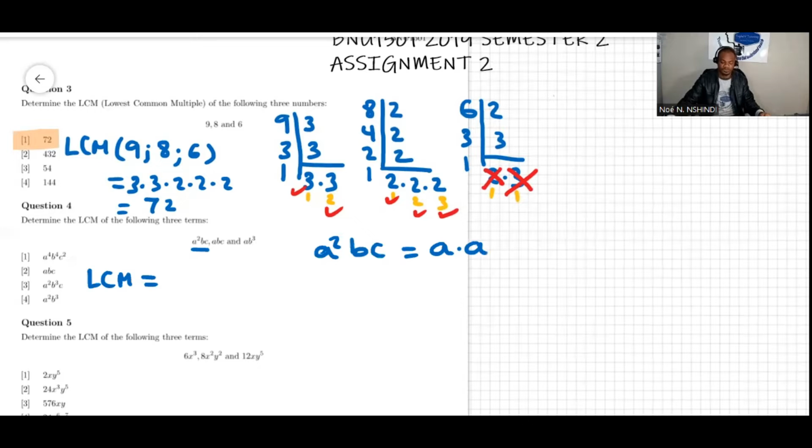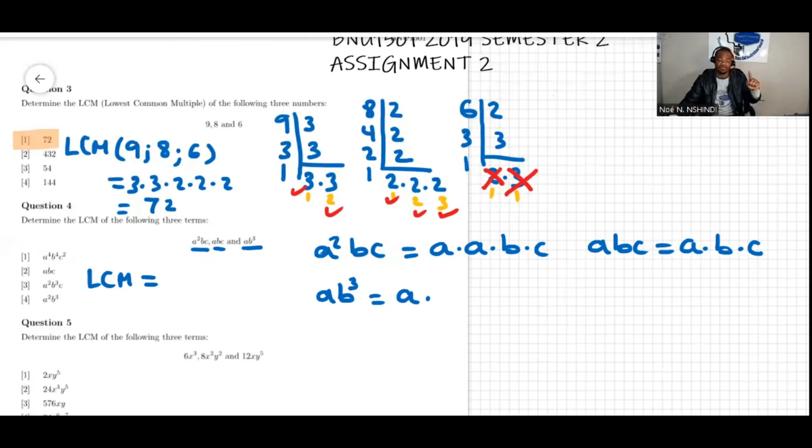Okay, so a times b times c. And then a b c is just a times b times c. And then a b cubed is just a times b cubed, meaning I'm going to write b times b times b.